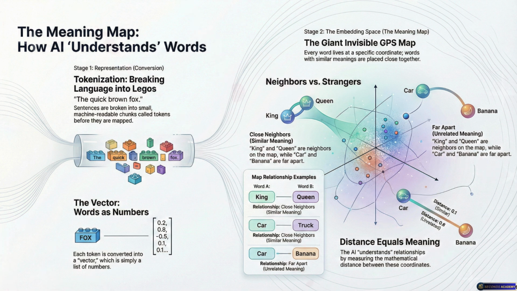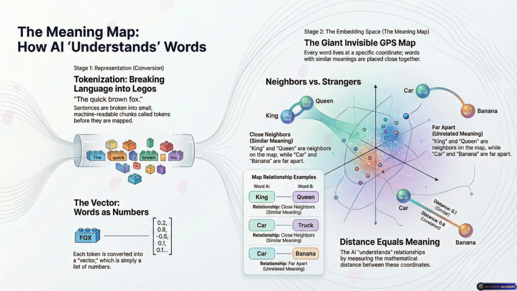And every single token from our predefined dictionary is assigned a permanent location, a coordinate on this map. The brilliant insight here is that the coordinates are not assigned alphabetically. They aren't random. They are assigned strictly based on semantic relationships. Meaning words that share contexts or meanings live in the exact same neighborhood on the map. Precisely. Dog and puppy live right next to each other. Dog and refrigerator live miles apart.